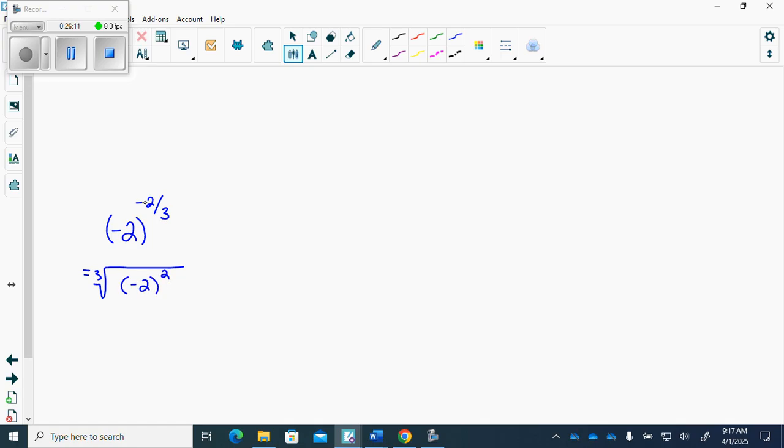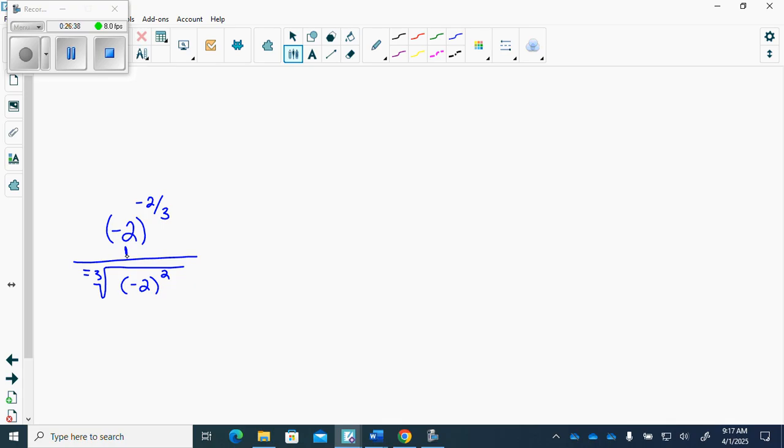What happens when I get a negative, though? Grade 10. How do you make a negative positive? There's no equal signs or anything. How do I make that negative positive? Move it to the denominator. So negative 2/3 is actually this: 1 over, to make it positive.